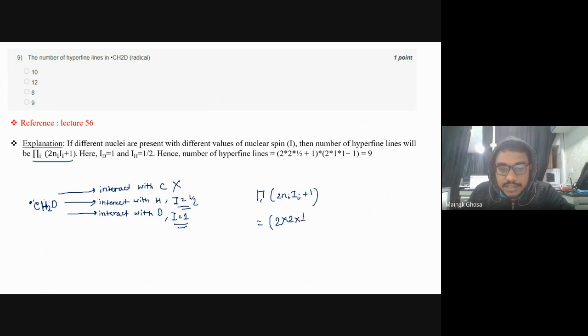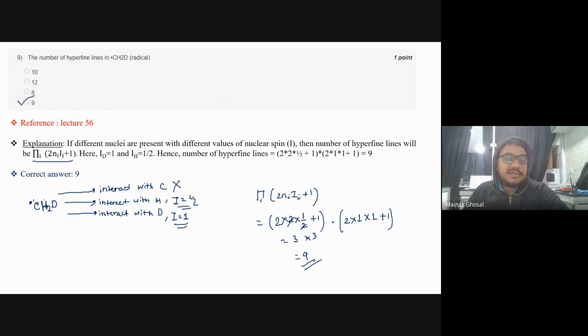Into I of hydrogen is half, plus 1, into 2 into how many deuteriums are there? Deuterium 1. What is the nuclear spin of deuterium? This is also 1. You can see this here is 3. Here is also 3. So you will get 9 peaks. Okay. So 9 is the answer.